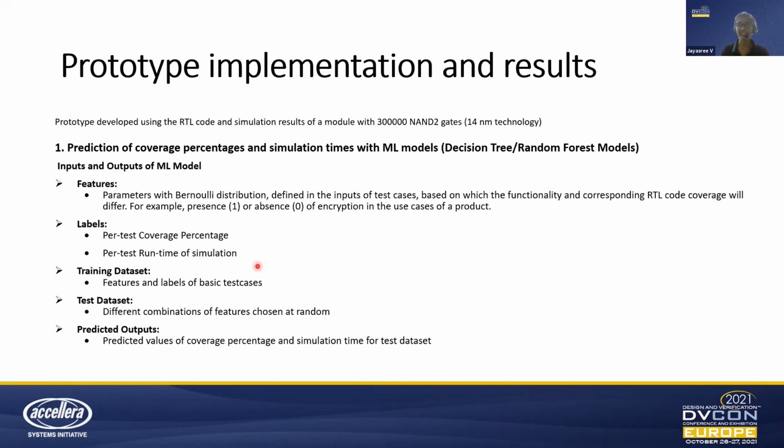The training data set is a set of basic test cases whose coverage percentage and simulation time are known. The test data set is a set of test cases with a combination of features whose coverage percentage and simulation time are unknown. The outputs of the ML model are the predicted values of coverage percentage and simulation time for the test data set.